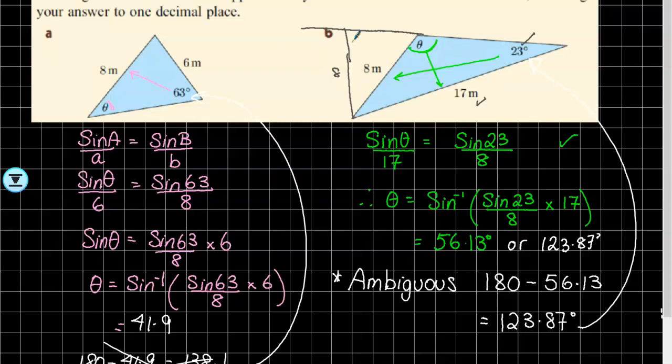So if this was me doing the question, I would give both solutions. If the question said the angle is obtuse, then I would write this one and ignore that one. If it says the angle must be acute, then I'm going with this one and I'm not touching that one. Because I can draw that triangle with the same measurements two different ways.